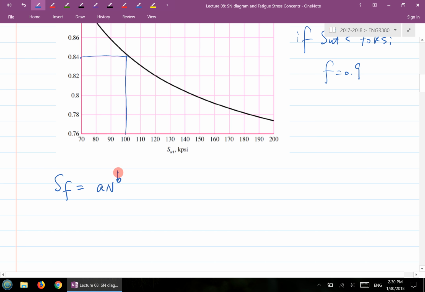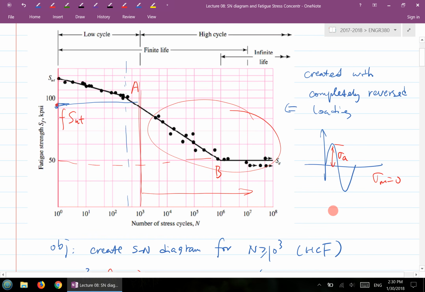SF equals A times N to the power of B, which gives you the fatigue strength. So SF is the fatigue strength, basically this vertical axis here.